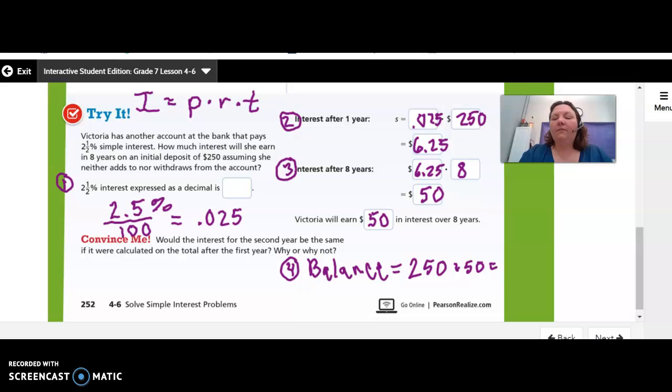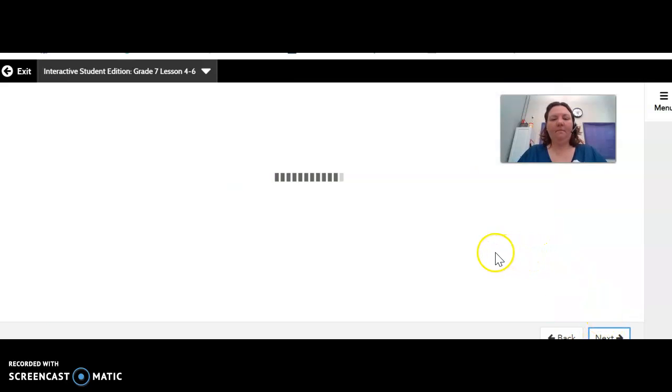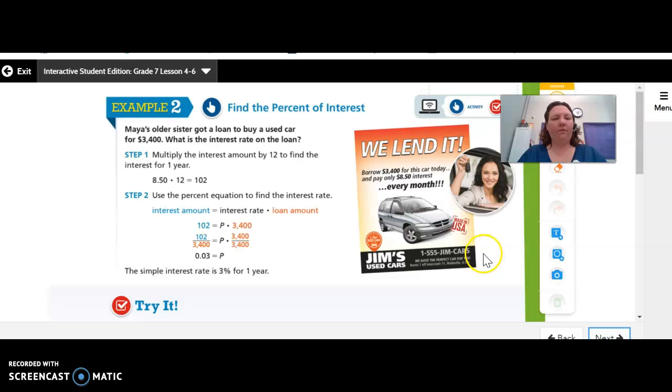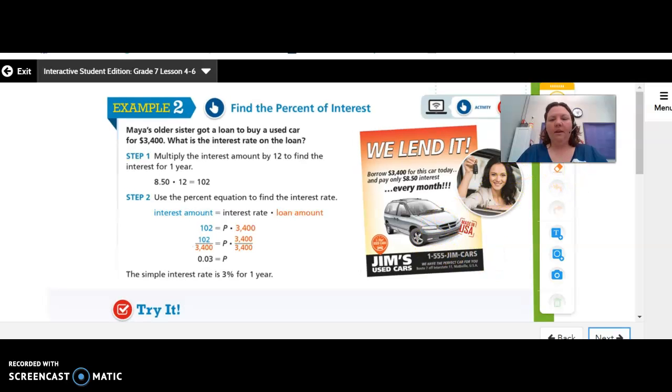So just for leaving her money in the bank for 8 years and not touching it, she now has $300 instead of just $250.